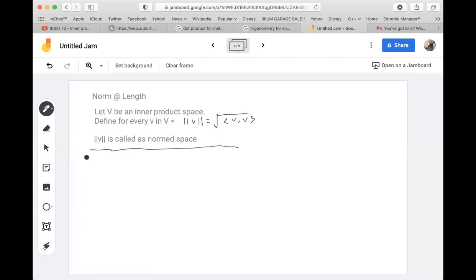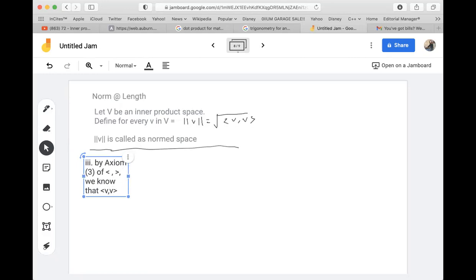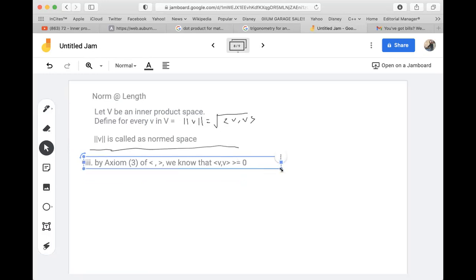So we can say here, I write 3 here, it refers to the third axiom. So by axiom 3 of the inner product, we know that the inner product of V must be equal or greater than 0.